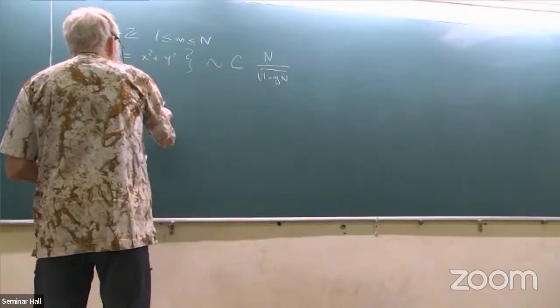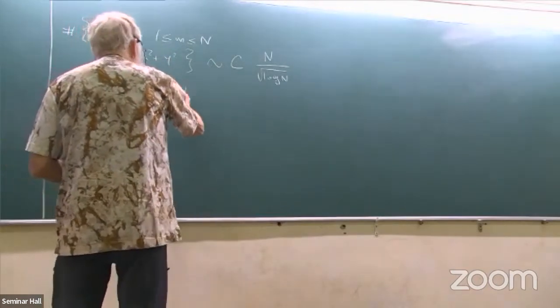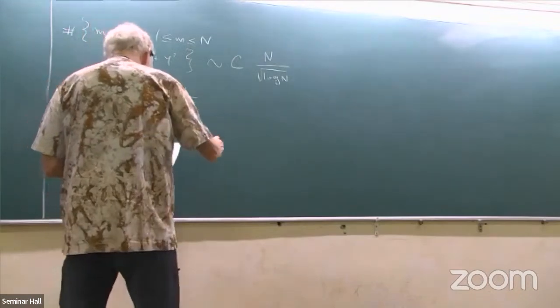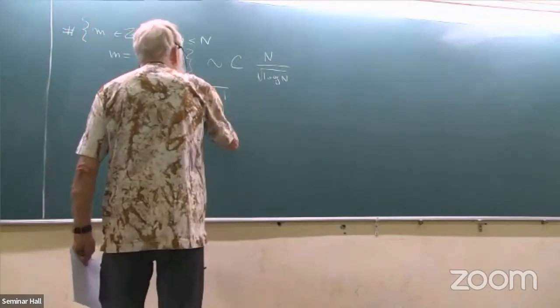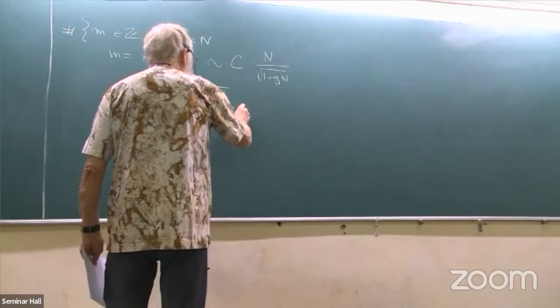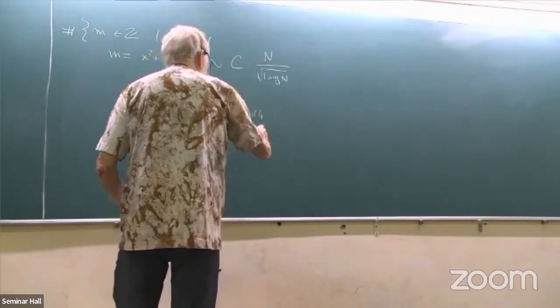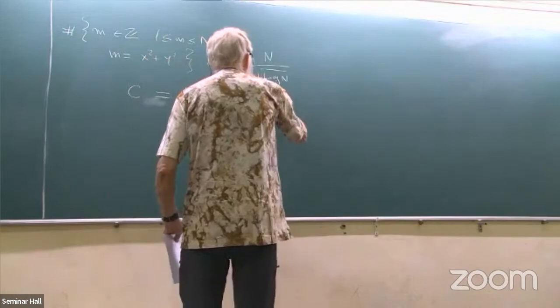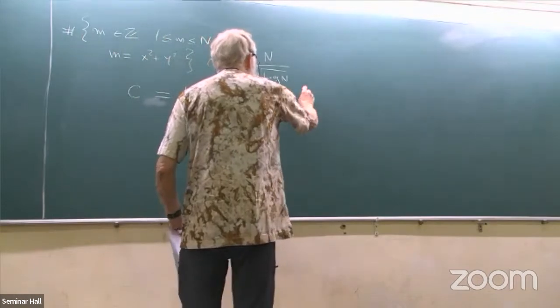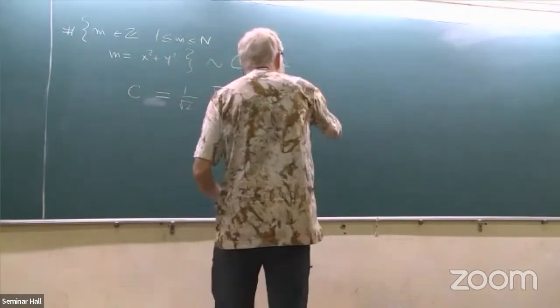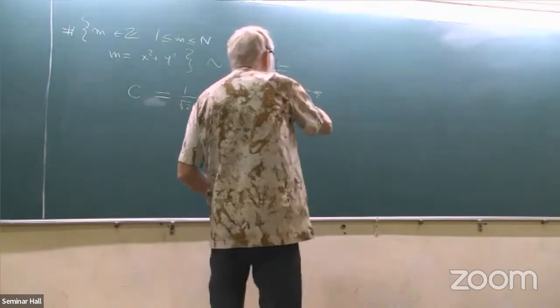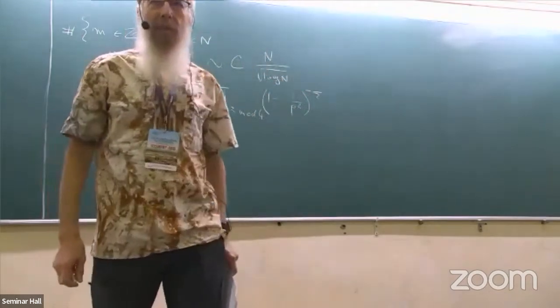And so this constant C is 1 over square root of 2 times the product for p congruent to 3 modulo 4 of 1 minus 1 over p squared with the exponent minus 1/2. So it's 1 divided by the square root of this number.